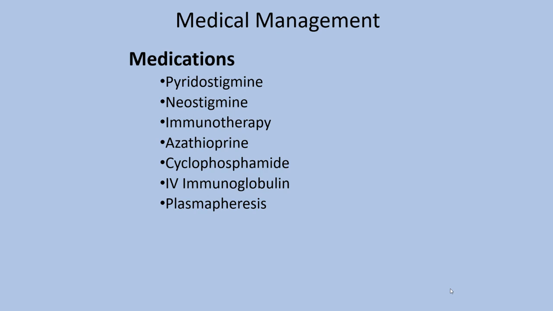If they're going to need it longer term than just the moderate to severe myasthenia gravis exacerbation time, then they'll need education on reducing infection risk, practicing good hygiene, avoiding exposure to people with infections, those types of instructions.